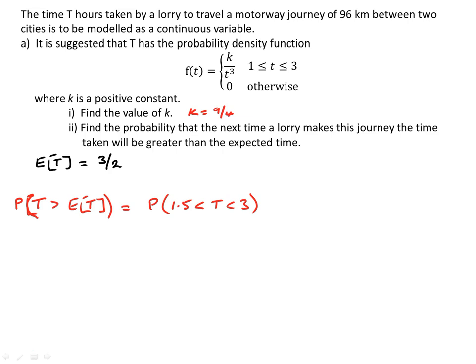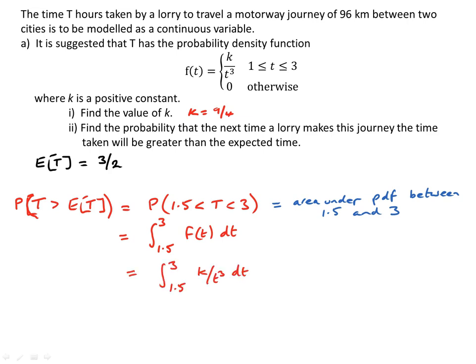So we want the area under the probability density function between 1.5 and 3. So that's the integral between 1.5 and 3 of k over t cubed dt.